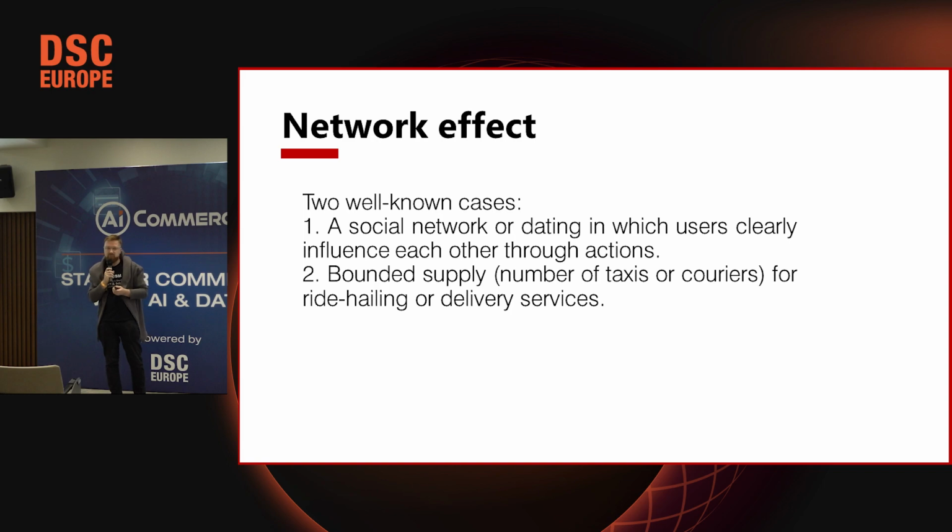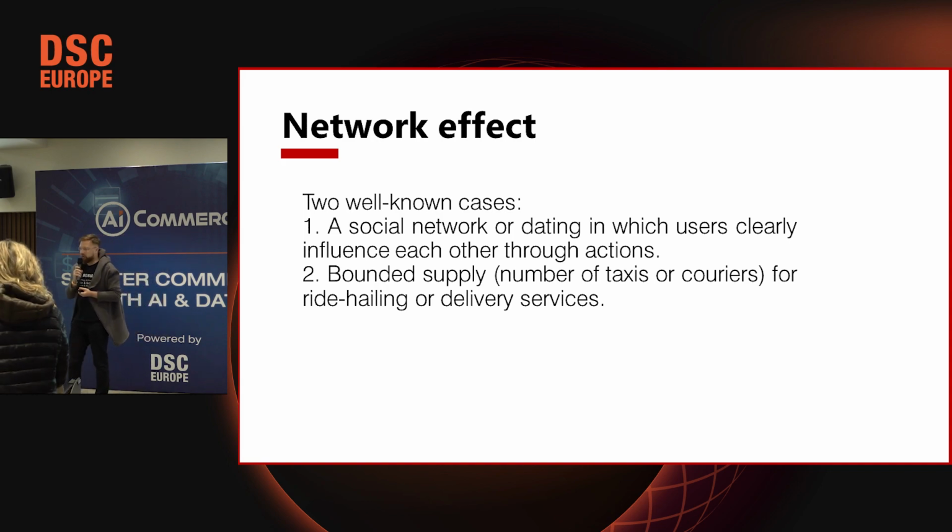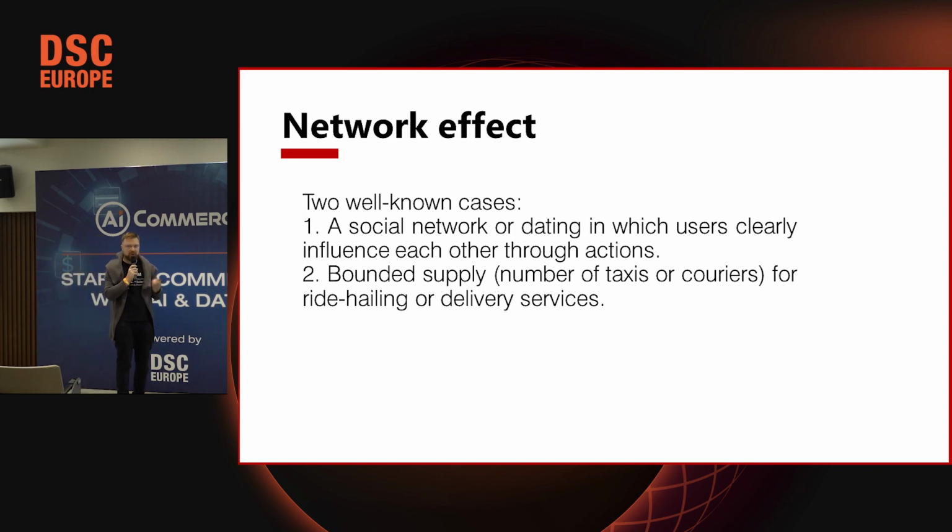If we provide, for example, a discount to one group of users, the second group doesn't see this discount, but the first group uses taxis more often, and in this case it influences our other group.